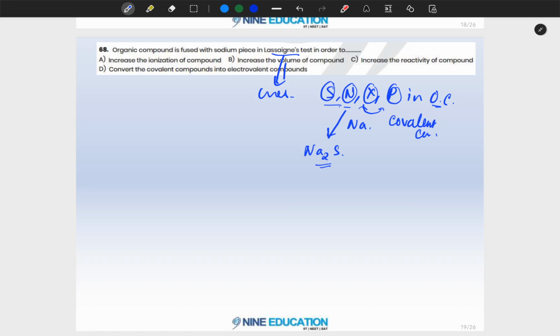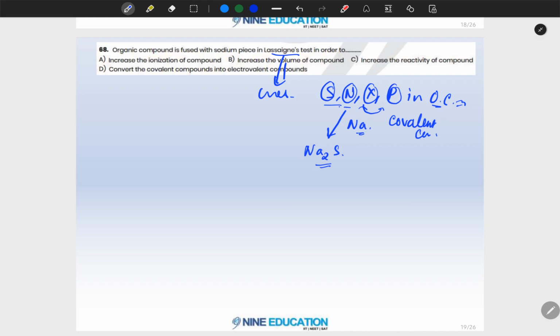So basically what we can conclude is that the Lassaigne test is used to detect sulfur, nitrogen, halogen or phosphorus in organic compounds. In organic compounds, sulfur, nitrogen, halogen and phosphorus are bonded covalently. So we have to convert the covalent bonds into ionic bonds, and for that we need to use sodium.